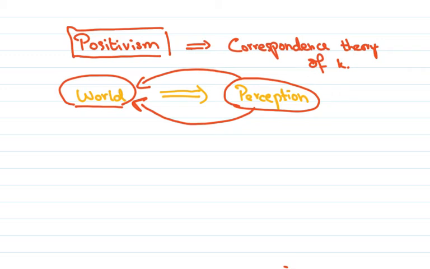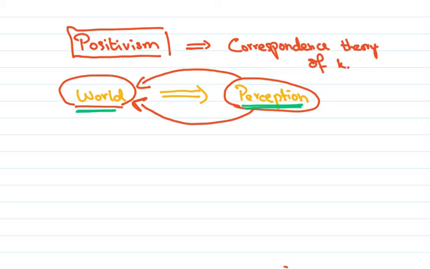when we're discussing this here in this context, we're trying to see what the problem with this is. Is it actually like this, that there's a world out there, and our perception of it is a direct reflection of it?